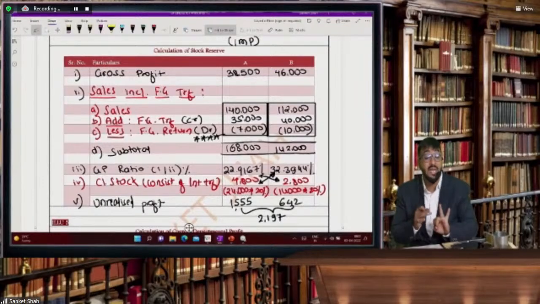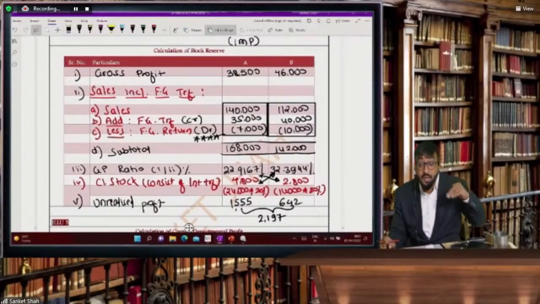But at the same time, when finished goods are returned, we have to deduct it. Which side? Debit side. And then you will get the subtotal. Then on the subtotal, you will calculate the GP ratio. Why are purchases not considered in sales? It is at cost. You will consider only finished goods which are transferred.